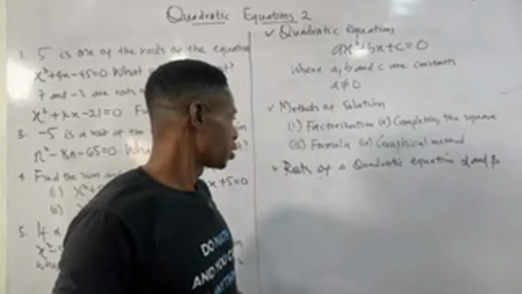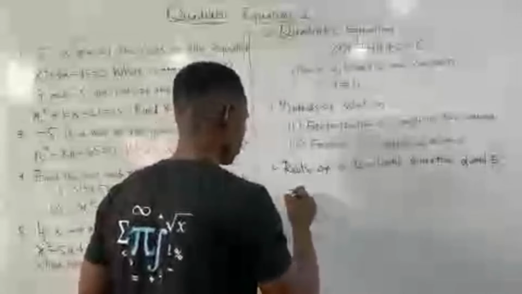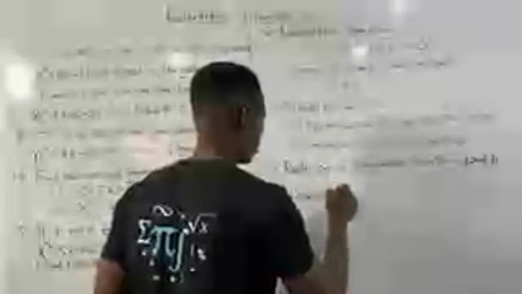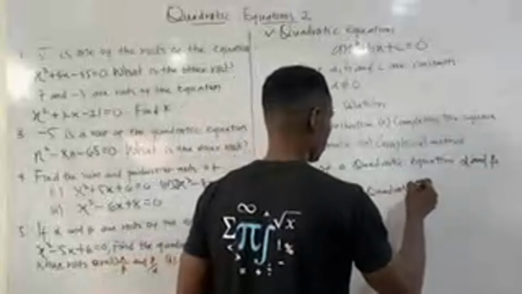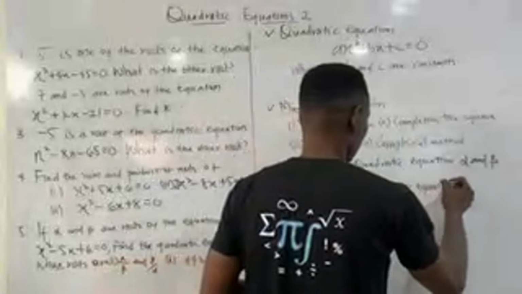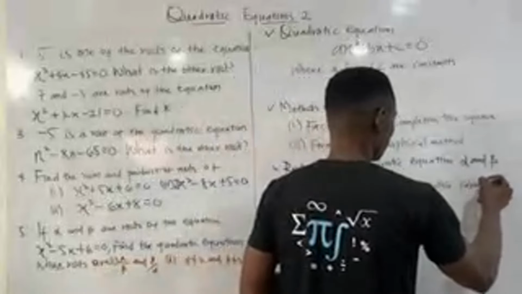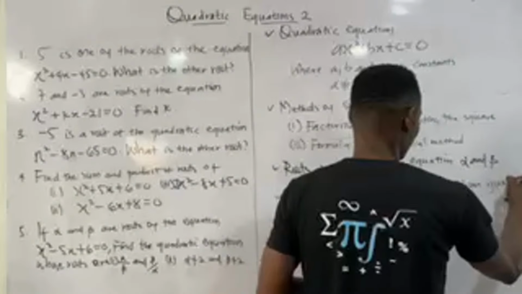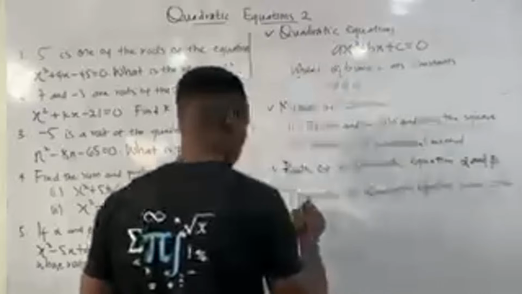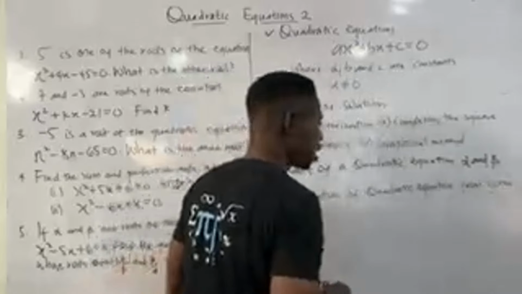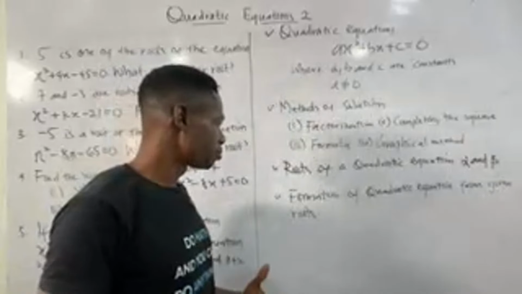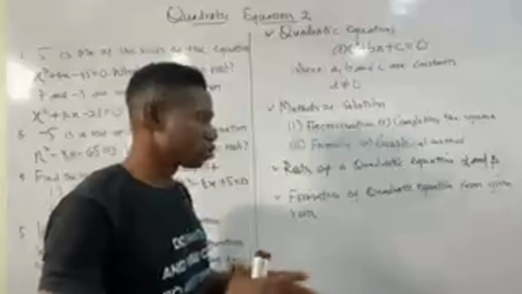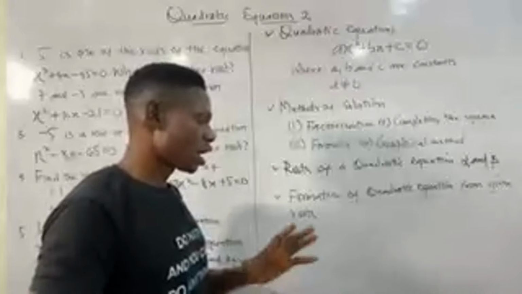If the roots of a quadratic equation are given, we can form the equation from the given roots. How do we do that?